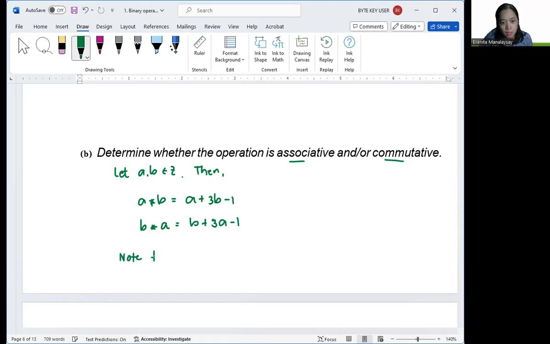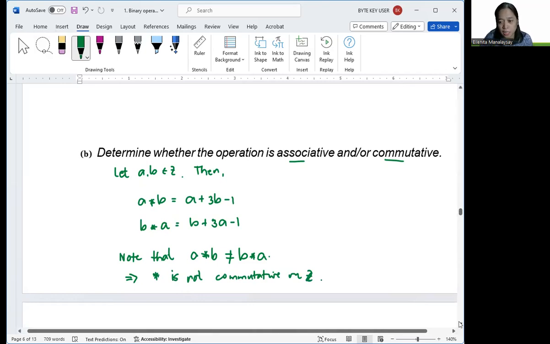Note that A star B is not equal to B star A. So this implies that it's not commutative, or the commutative property does not hold, on the set of integers.